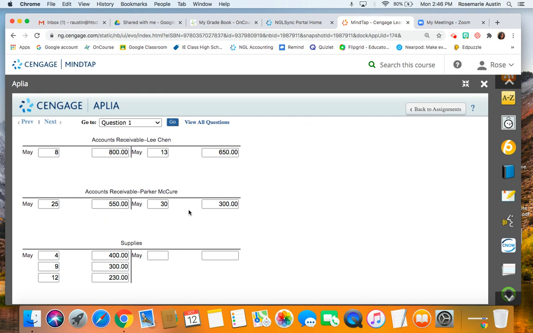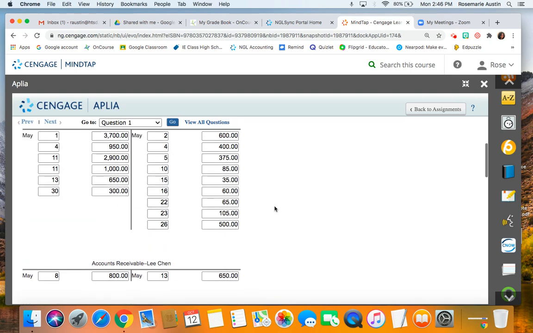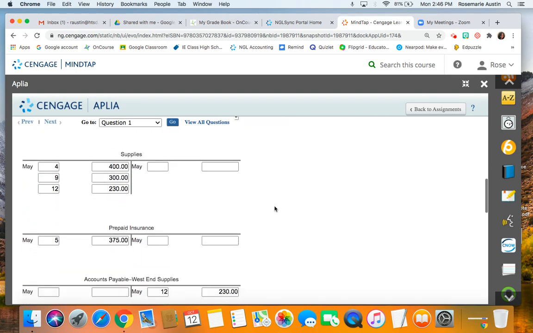So when they actually do send us money, we have to credit their account so that their account balance reduces. And this company still has a debit balance. Not as much anymore as they did, but they still have a debit balance, okay? They still owe $250. So I think that is all of them.